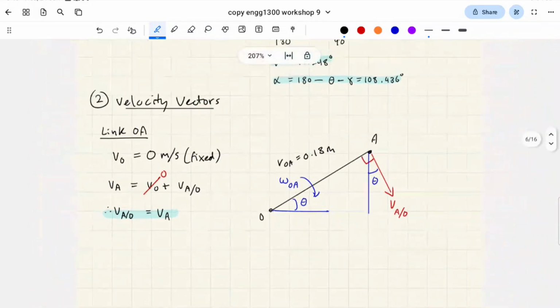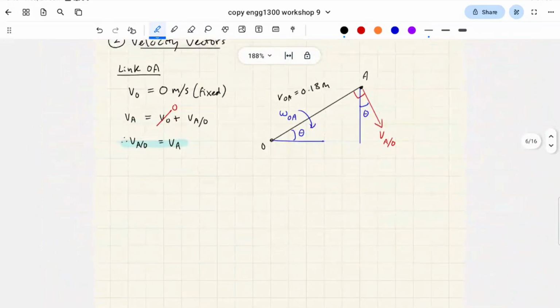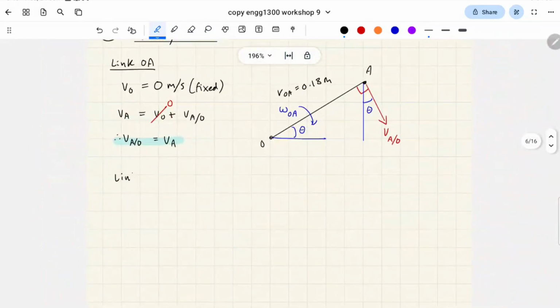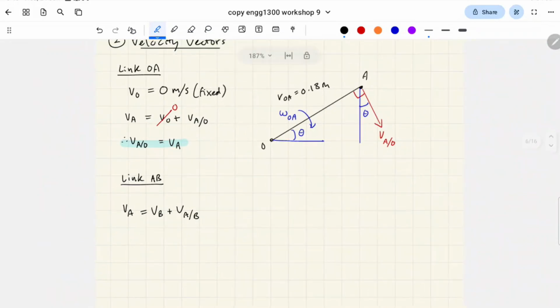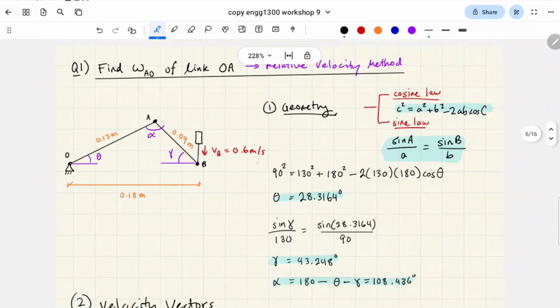Next, I'm going to draw out link AB. So let's go back up to it. Link AB. I should really call it BA.